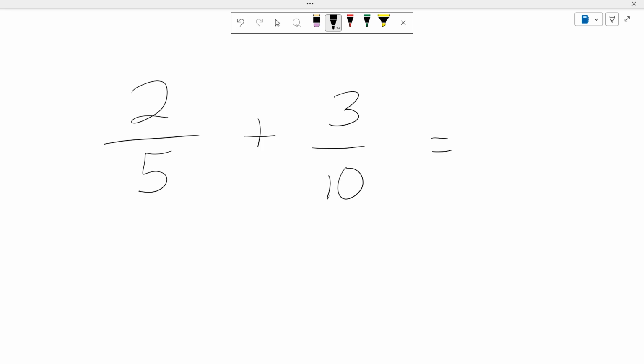So you have to get a common denominator, add them, and then see if it reduces. So get a common denominator. Yep, David. Yes, Ben.